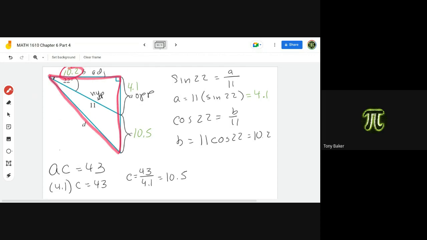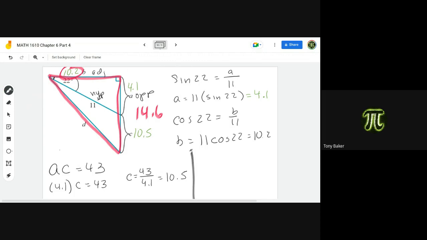10.2 squared, I have to add those together and I get 14.6. So it's 10.2 squared plus 14.6 squared. Yeah, this one's long.